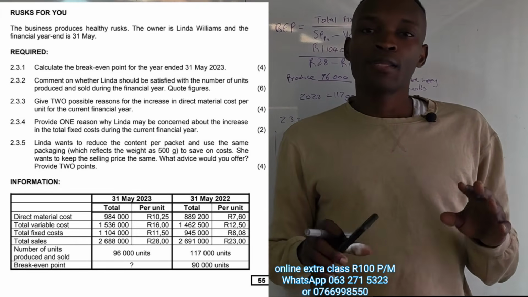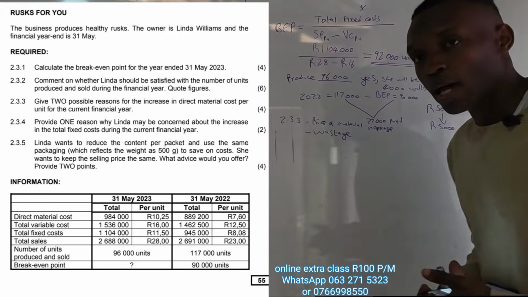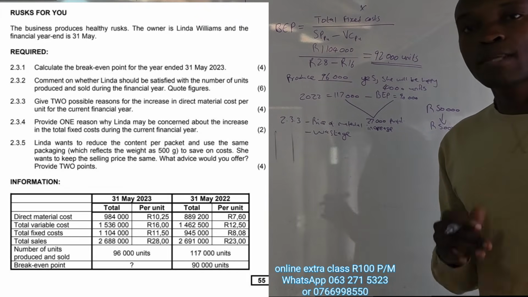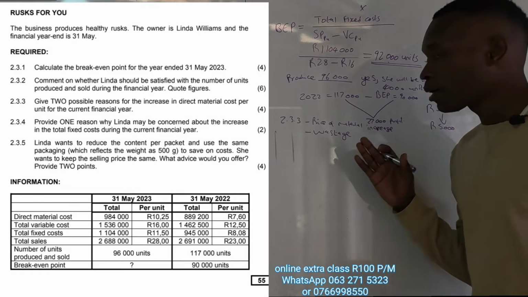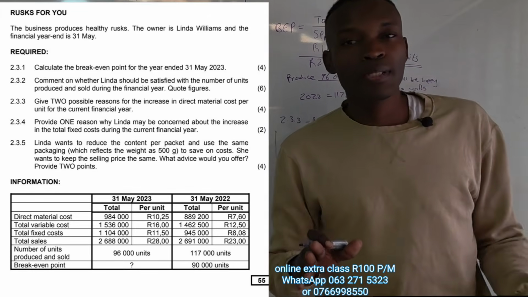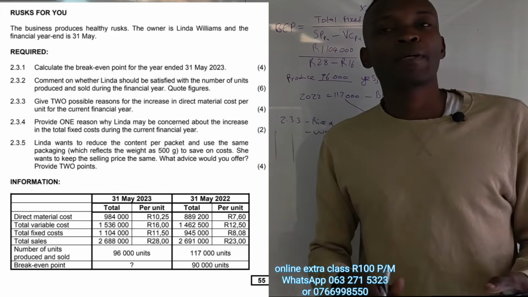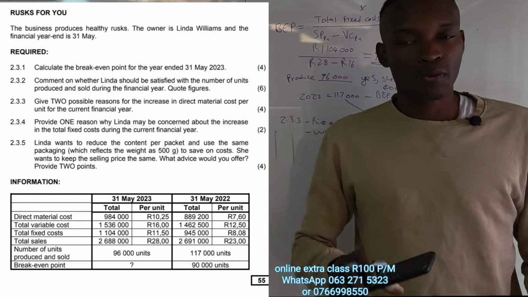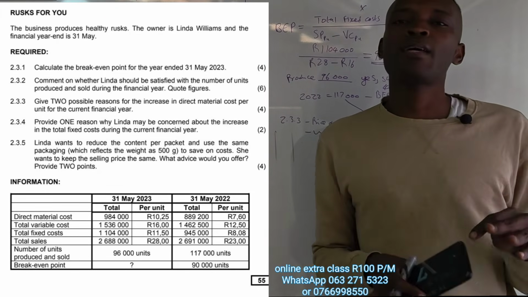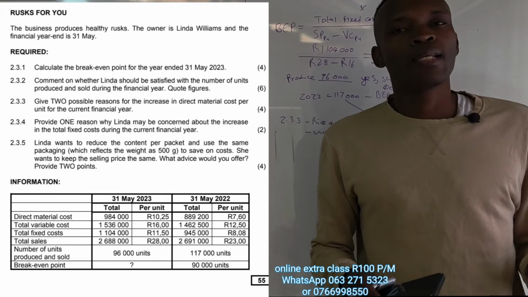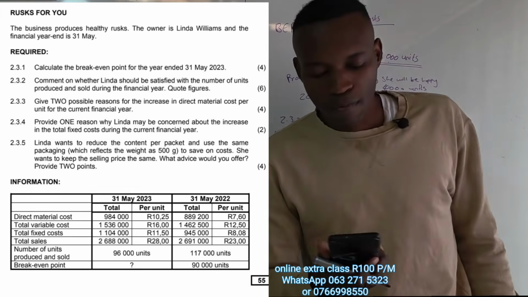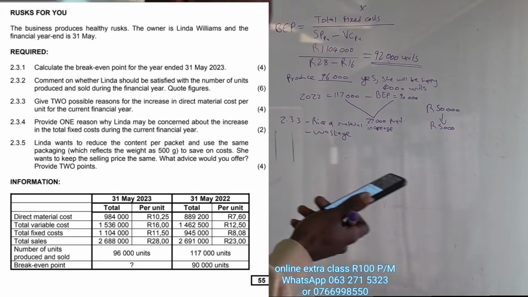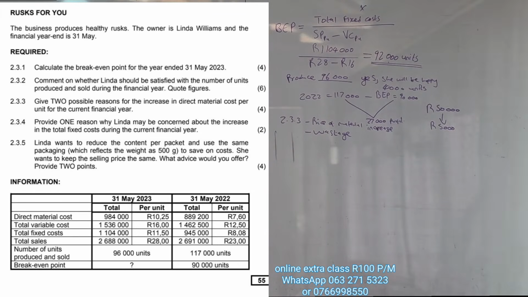But if the fixed costs are increasing, guys, there is something wrong, which means that this needs to be fixed. Because when we say fixed, we are expecting the cost price to remain constant. Even if there could be some increase, guys, it must be reasonable. But if the increase is too high, there is something wrong about fixed.